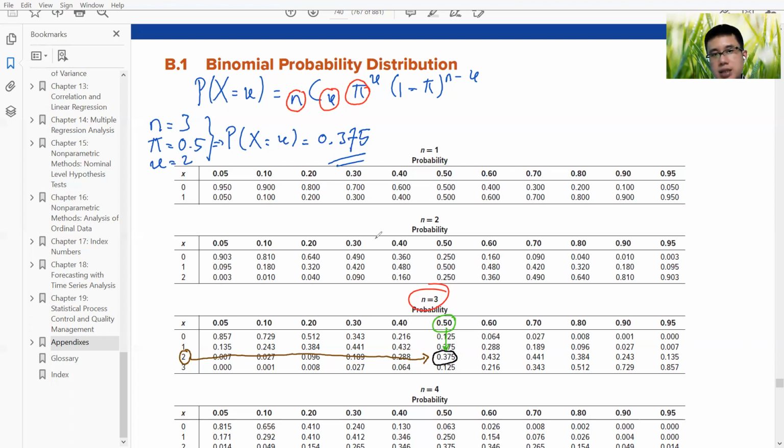This is just an illustration of using the binomial table to find a particular value. And of course, if we need to find P(X = 3) with parameters n equal to 3 and phi equal to a half, you can go to the last row and then find the intersection. Just like that.